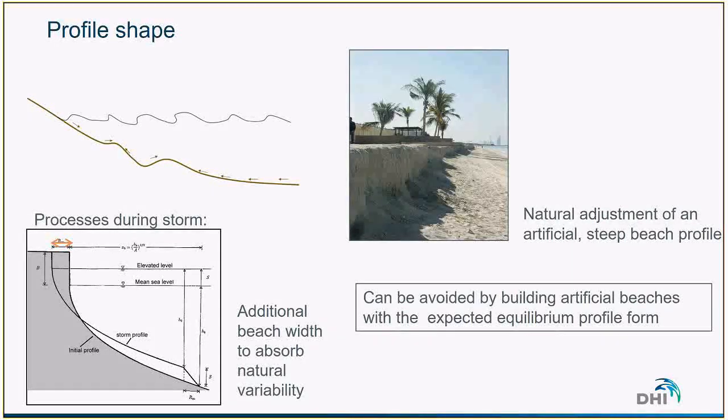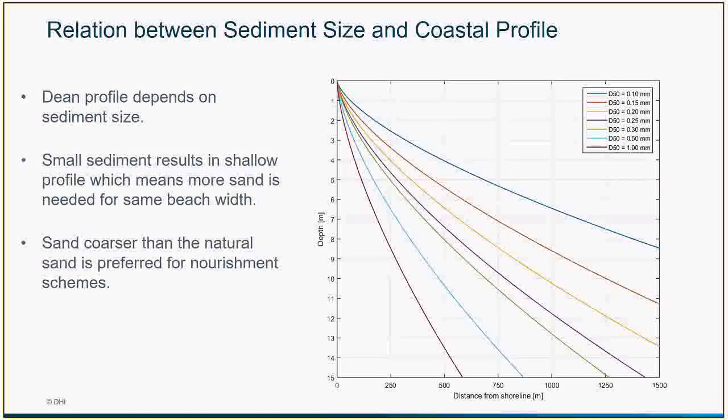We should also keep in mind that as this is very much related to events, we should add a bit, in a similar way than for the plan form, some additional beach width in order to absorb the natural variability of the profile. So in order to anticipate what is going to be the equilibrium profile of a beach, we use the Dean profile, which relates the sediment size and the coastal profile.